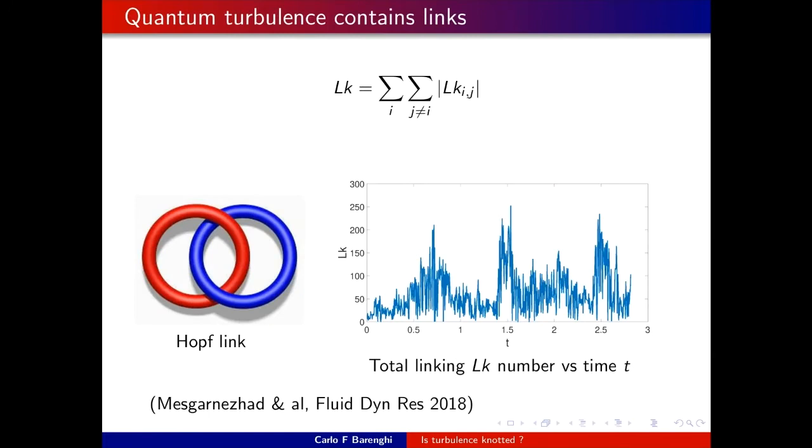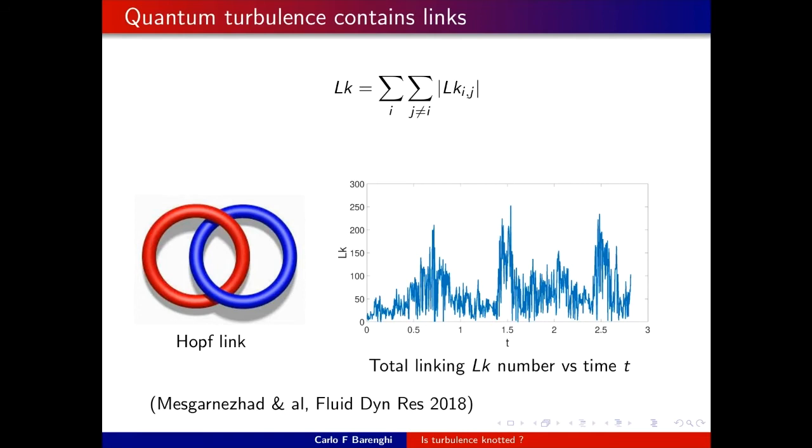And I can do the same for links. So we ask the question: these vortex lines, which are always closed loops in our system by construction, are they linked like a Hopf link?